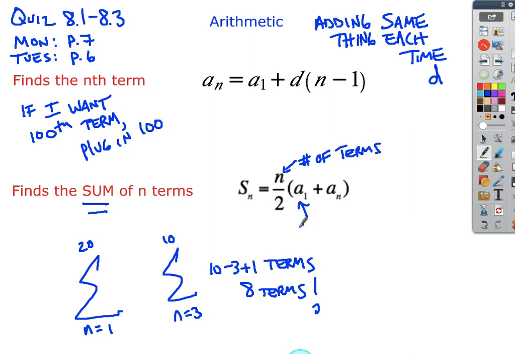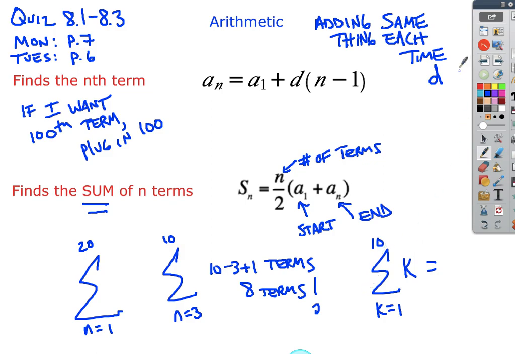a sub 1 is your starting term, and a sub n is your ending term. You will get those. Let's say that we have k, and we're going from k equals 1 to 10. I'm going to use this summation formula because the sigma here tells me I'm supposed to be adding stuff up.